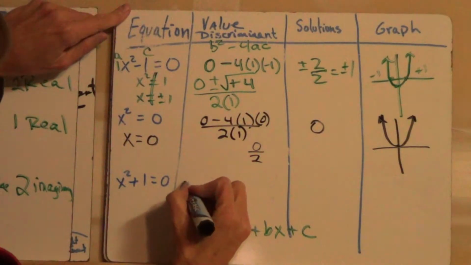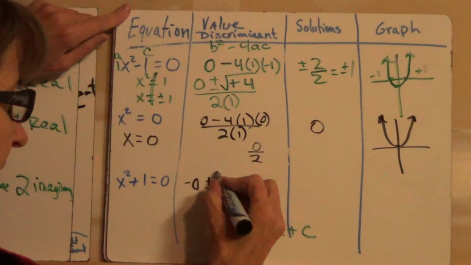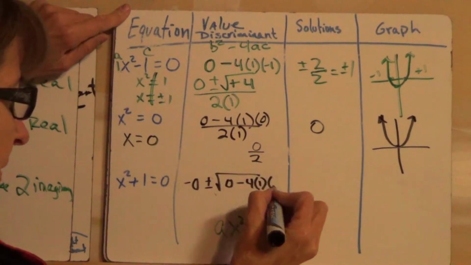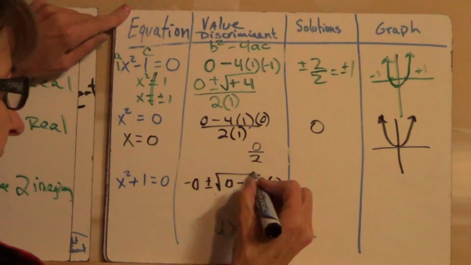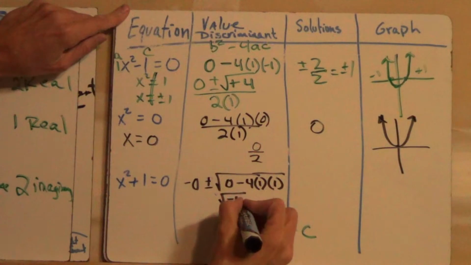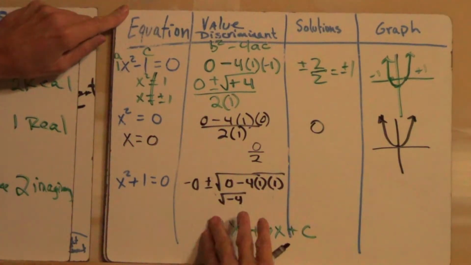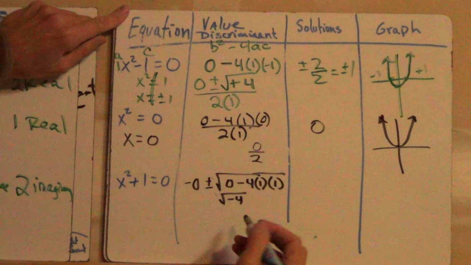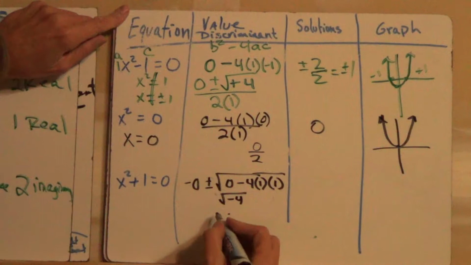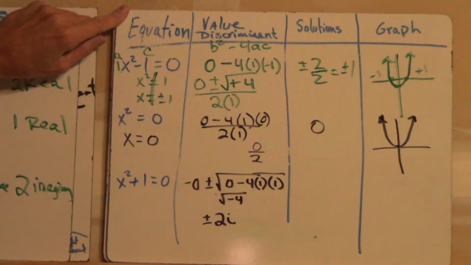Okay, negative b plus or minus the square root of b squared minus 4ac. So we end up with a radical of -4. That's what I'm trying to get to. And that is an imaginary number due to that negative. We would get the negative out as i. 4 comes out as 2, so it's plus or minus 2i.